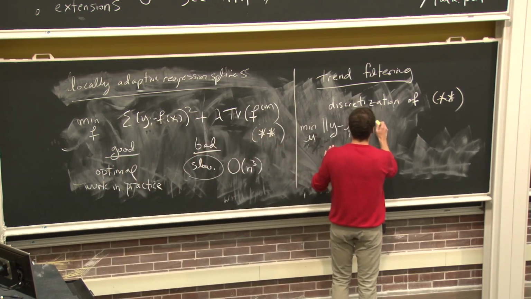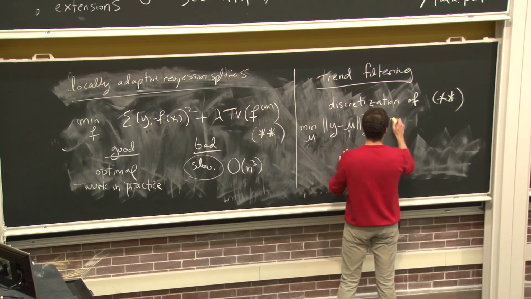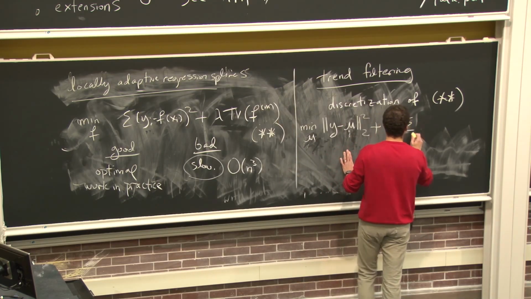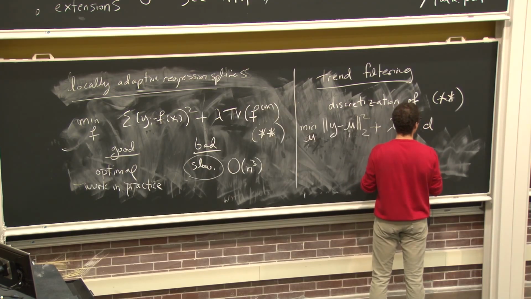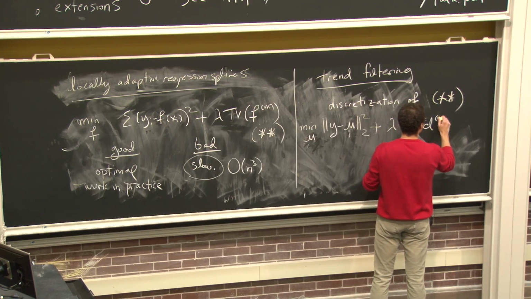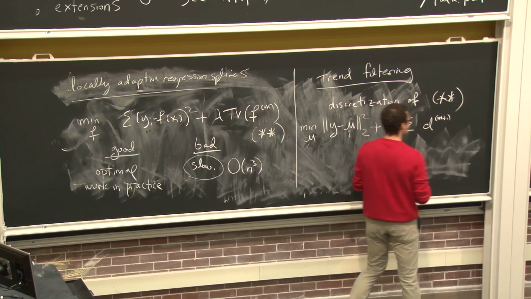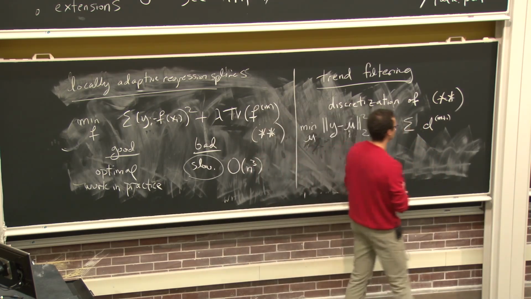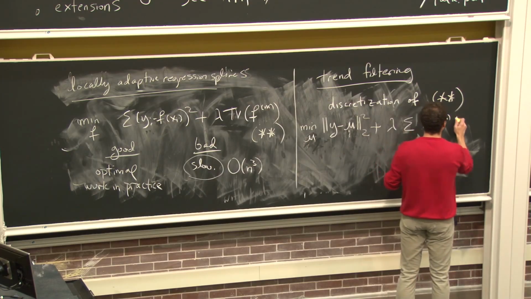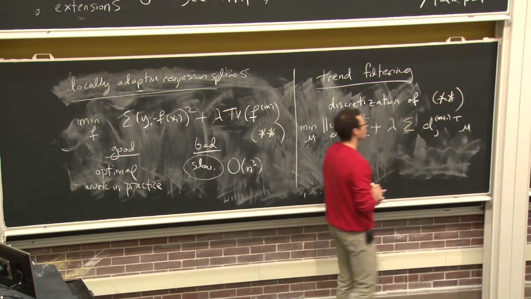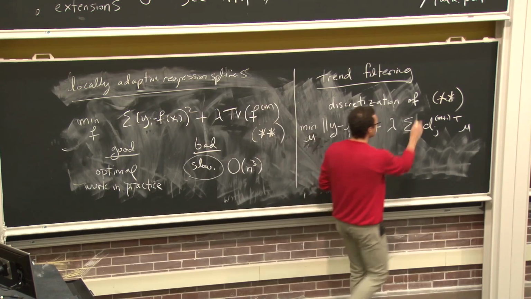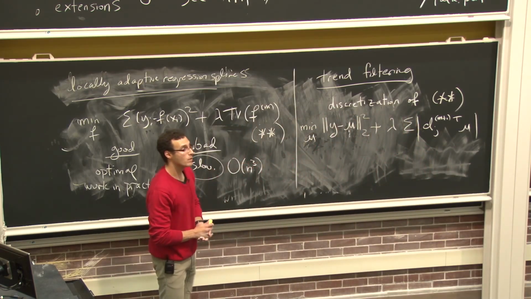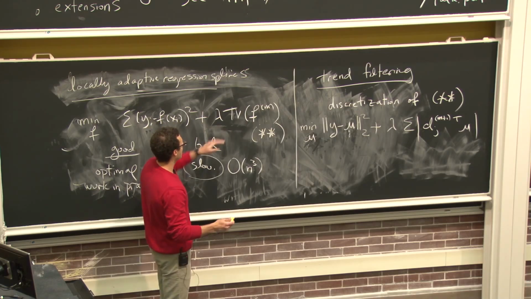But instead of using the total variation, trend filtering just looks at the sum of some discrete derivative operator of order m plus 1. That's just some linear function transpose mu. So in order to estimate derivatives, it just does so in a discrete sense. It looks at local differences of the parameter vector mu in order to estimate derivatives.